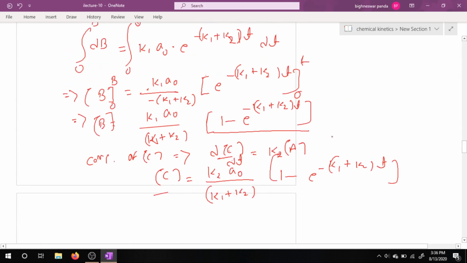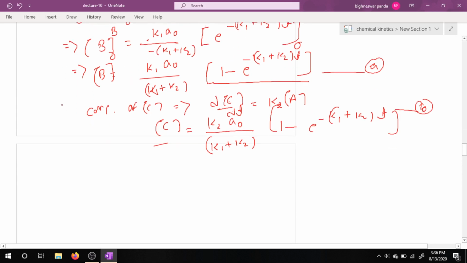So this is the concentration of B and the equation for concentration of C. So B by C equal to, the same expression will cancel out each other and the remaining will be k1 by k2.